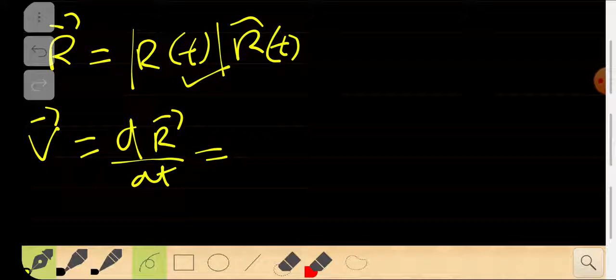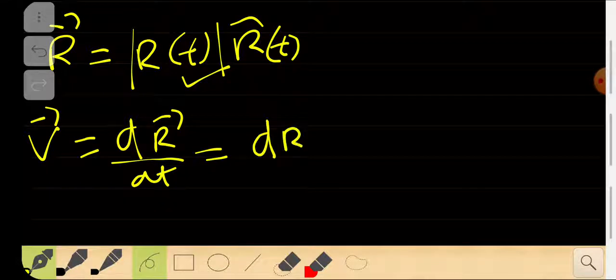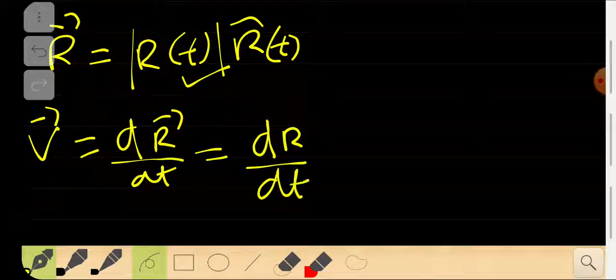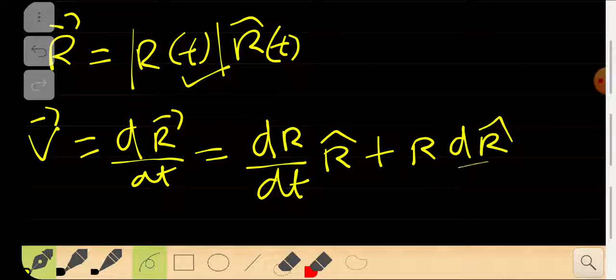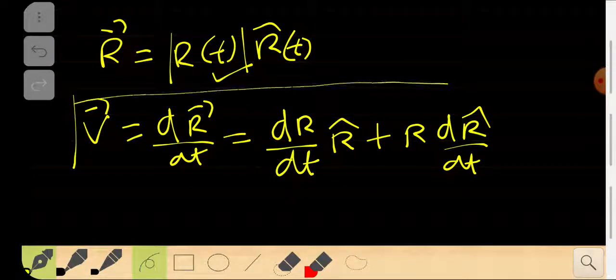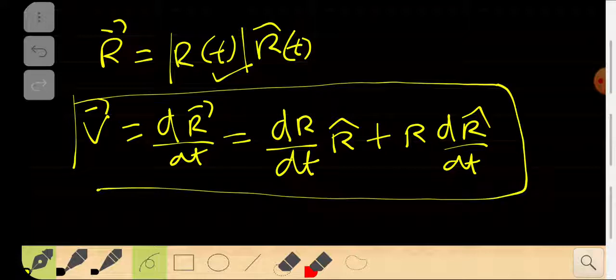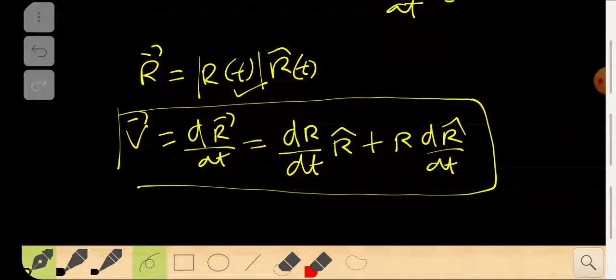You get the derivative of the first function, dr by dt, which is a function of time, times r cap, plus the first function r times d r cap by dt. This is an equation of velocity. Now what we can do is that we know that dr cap by dt.